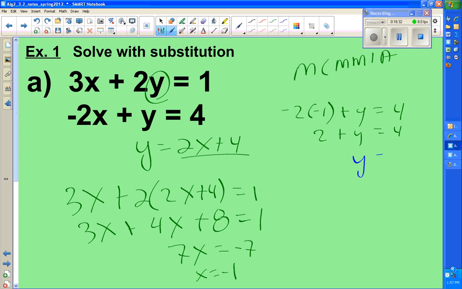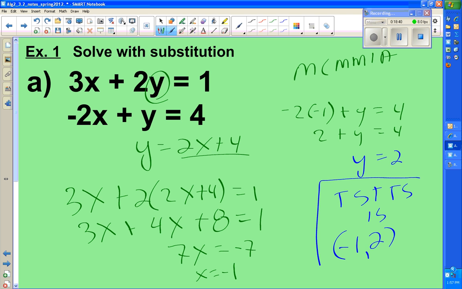And y is going to be 2. So the solution to the system is -1, 2, as an ordered pair. I got this from the second equation, right? 3 times -1 is -3. 2 times 2 is 4. -3 plus 4 is 1. That's a good answer.